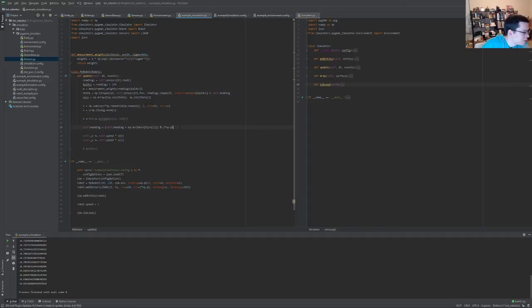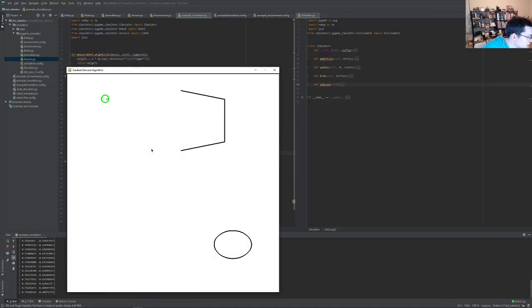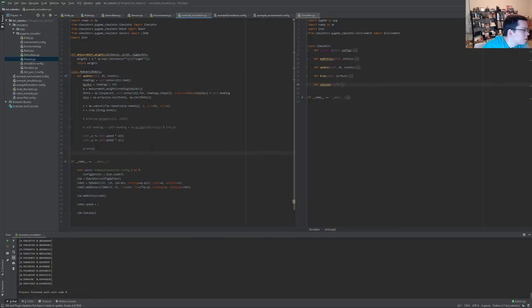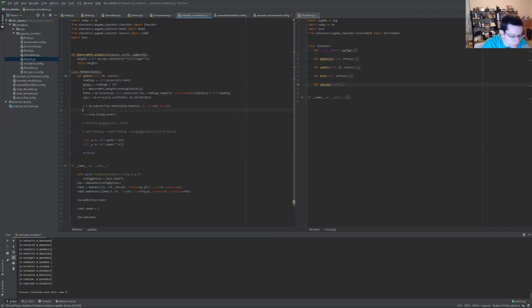Let's stop adjusting the heading, go back to this. The vector is the same. I should also print... at this point, I'm just debugging, trying to figure out why that is not working the way I expect it to.